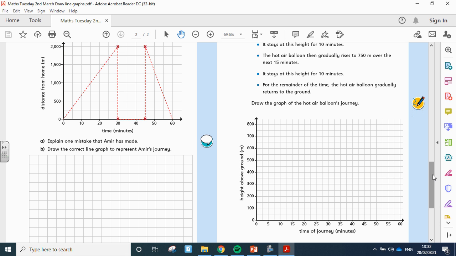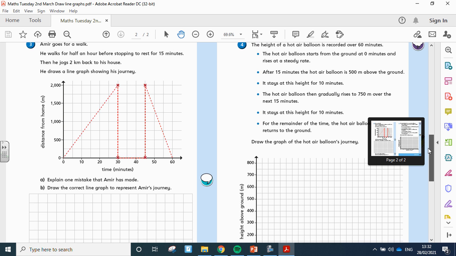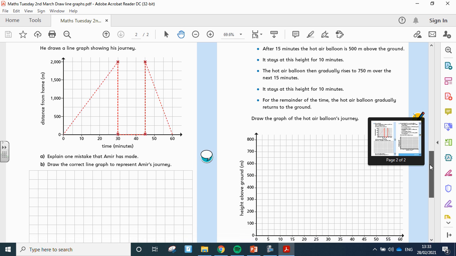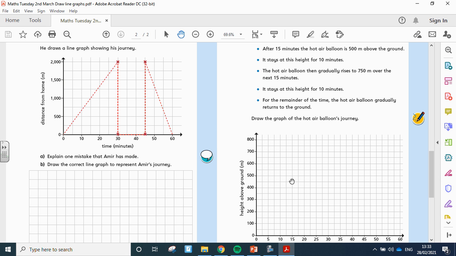So we're starting at 0 and 0. Then let me just read that first bit again. It rises at a steady rate. After 15 minutes, the hot air balloon is 500 metres above the ground. So I would be putting a little cross here, and I would be drawing a diagonal line from that 0 to there.